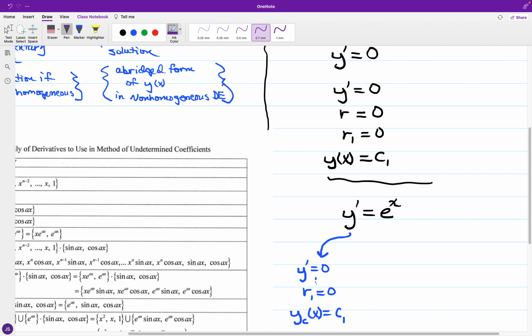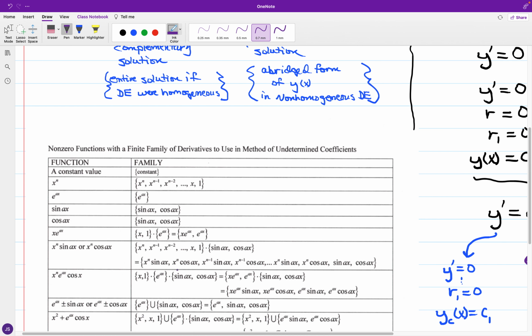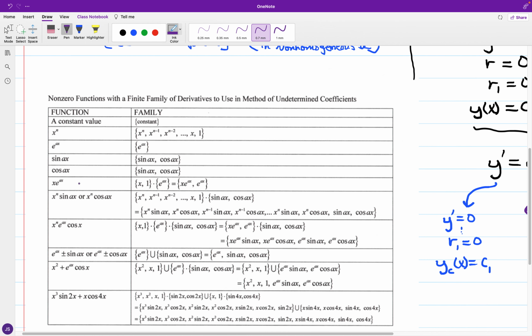For the case of e to the x, what we're going to do here is use this guideline and set up a family of derivatives. If you notice, e to the x is in the family of the function defined by e raised to the a times x.